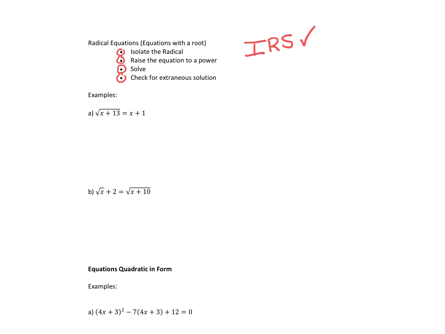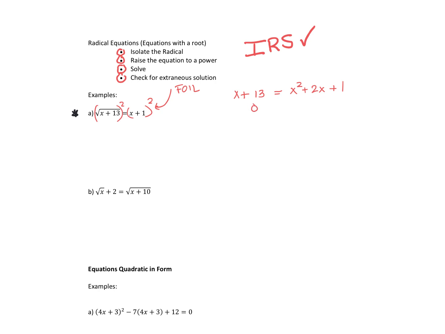The square root of x plus 13 equals x plus 1. So what I'm going to do is I am going to square both sides of this equation because our radical is already isolated. Now I have to remember to FOIL on this side. So we know that when we square a square root, we just get the radicand, what's inside, and when I square the other side, I get x squared plus 2x plus 1.